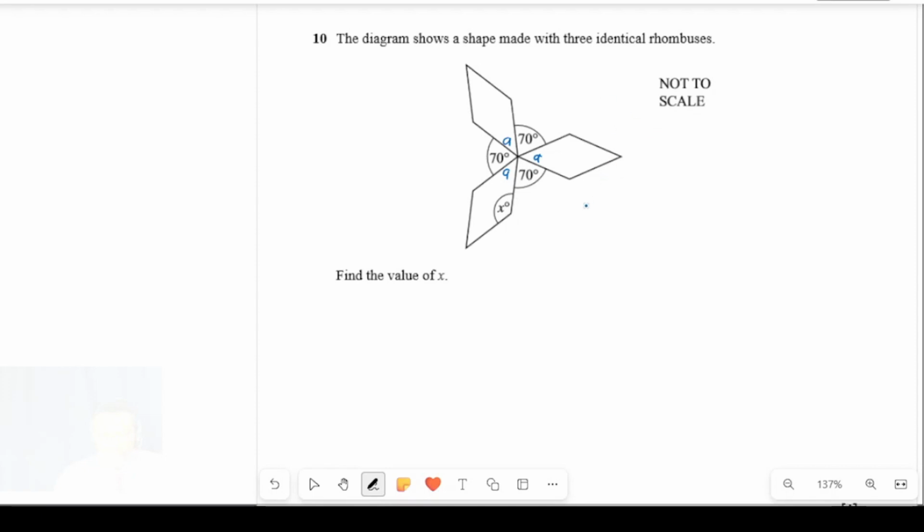So we have 70 plus 3A, where 3 times 70 will give us 360. So we have 210 plus 3A equals 360. All right, so 3A equals 360 take away 210.